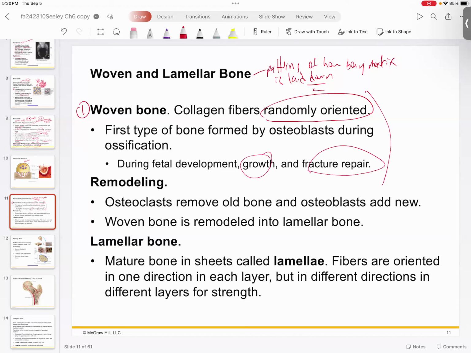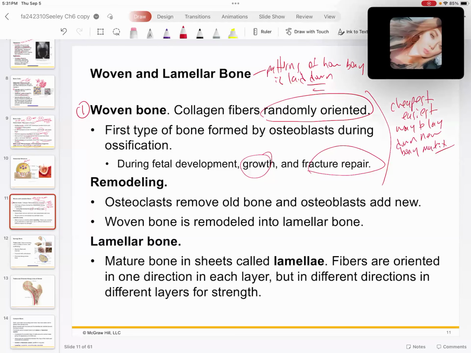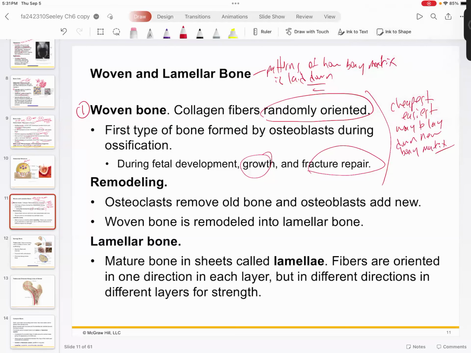So this is basically the cheapest, easiest way to lay down new bony matrix. That's an important idea.